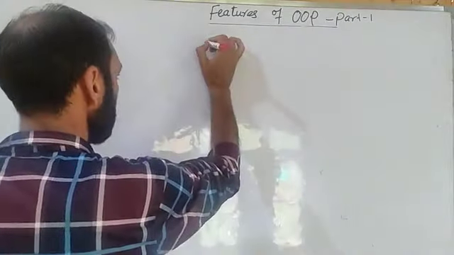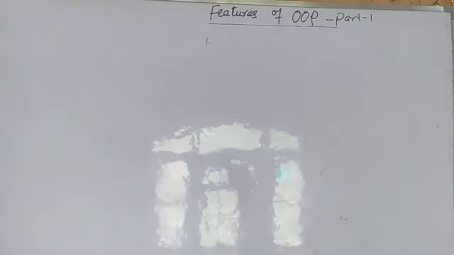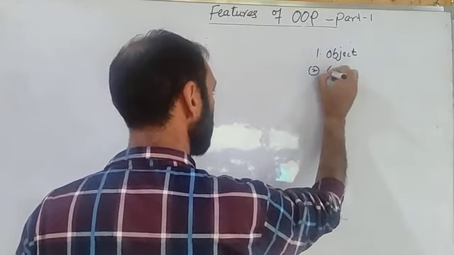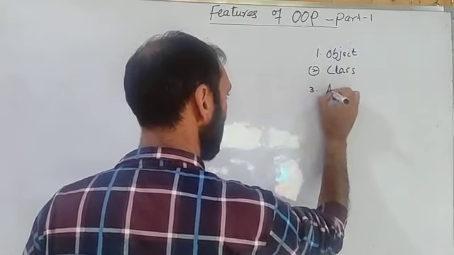They are: the first one is the object. Second one is the class. Third one is the abstraction.